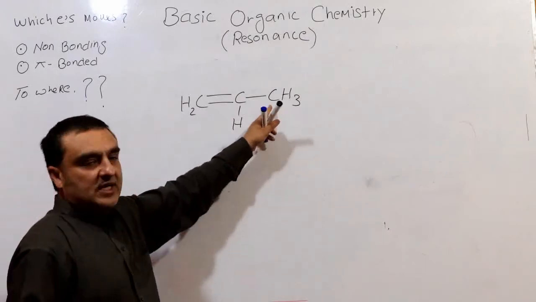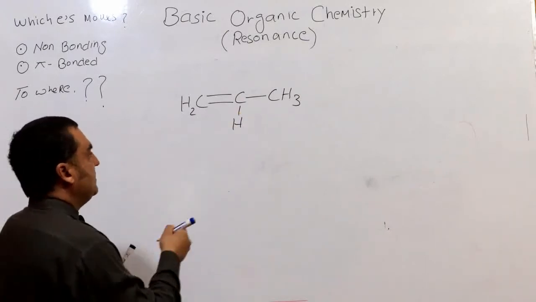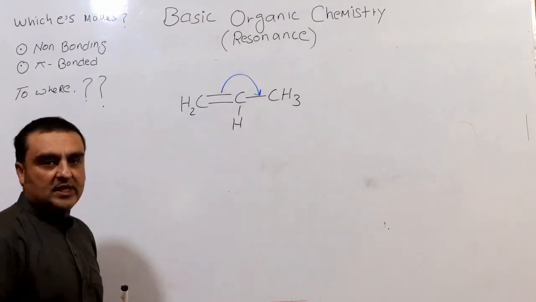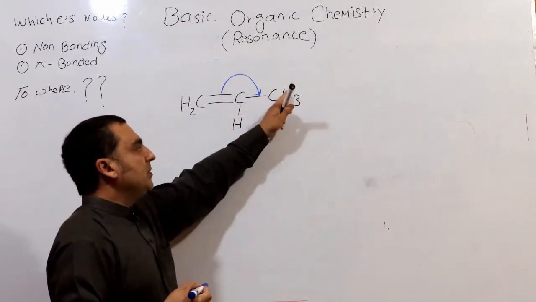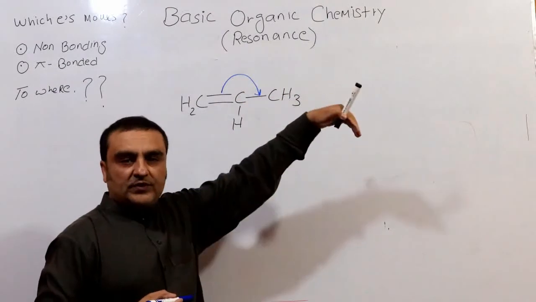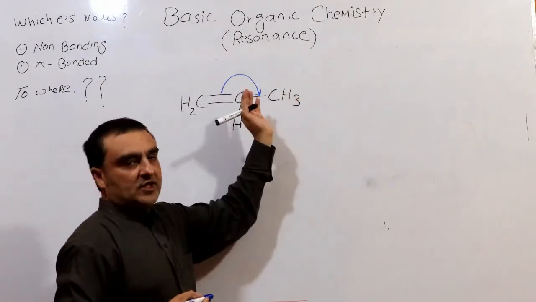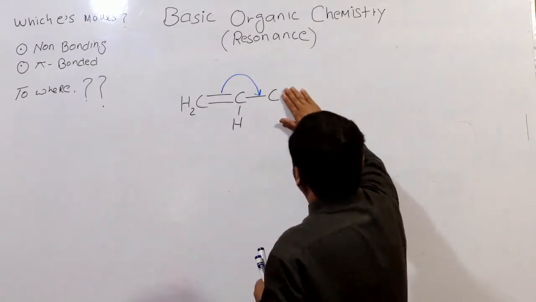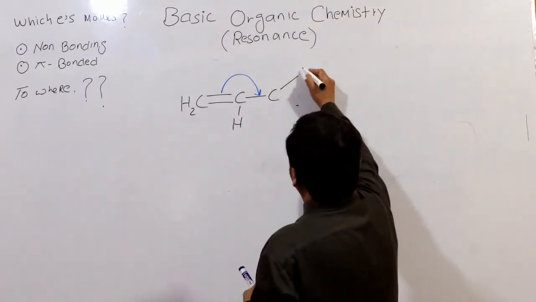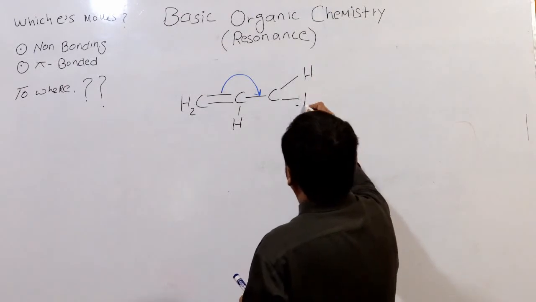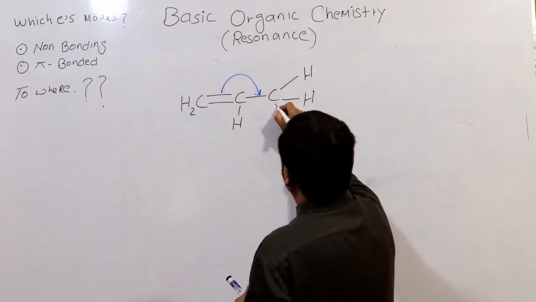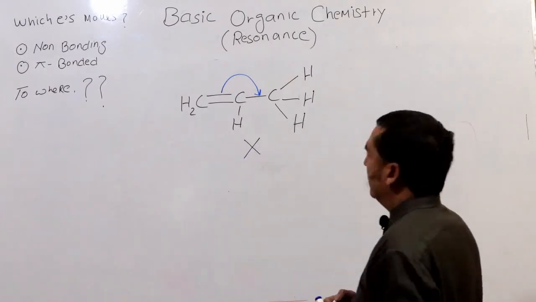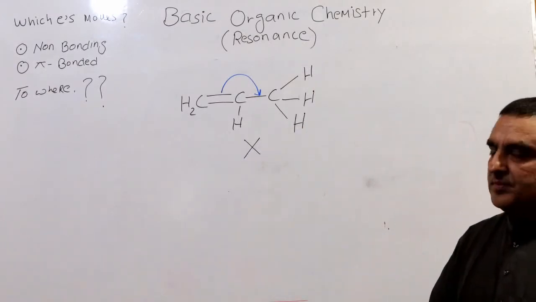So the movement of these electrons from here to here is wrong, because there is no double bond here which will move its electron away from it, as there are 3 hydrogens attached to it, so they cannot move. So this cannot be a resonance form. This thing is wrong. Okay, so it is not possible.